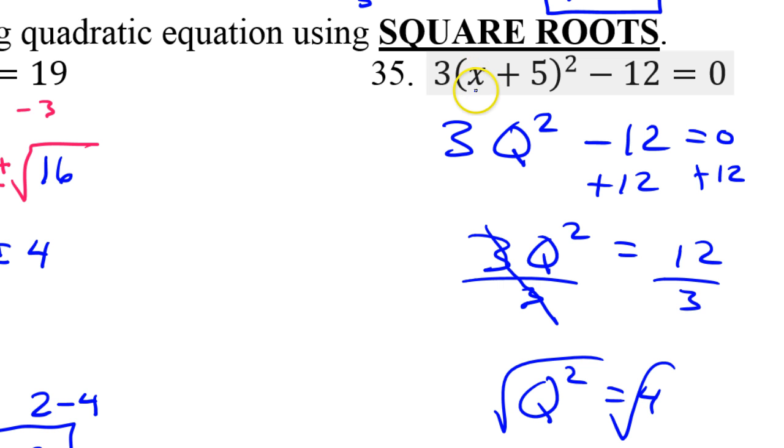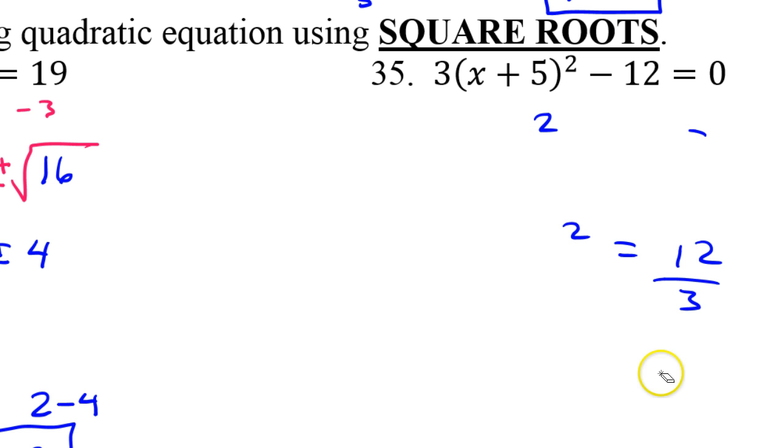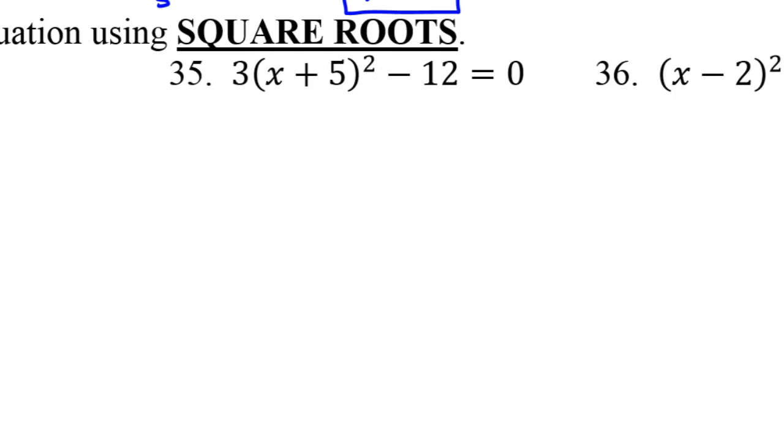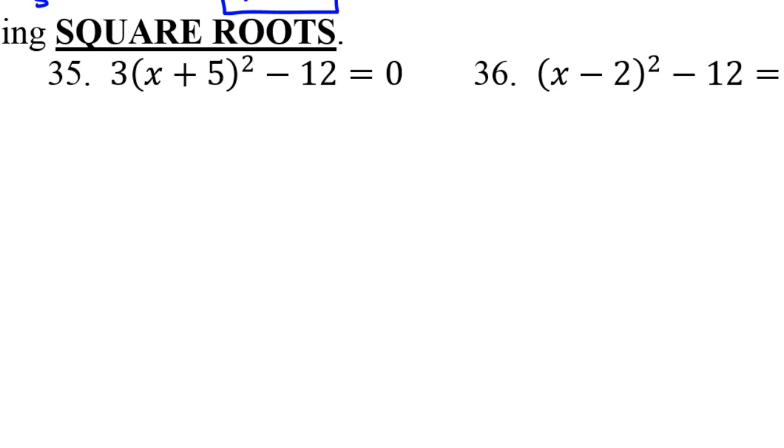So the main point I want you to walk away with is treat the parentheses just like a variable until the last step. Okay, so like I said, our first move is going to be to add 12 to both sides.